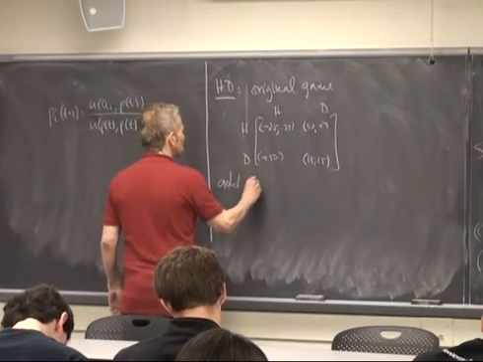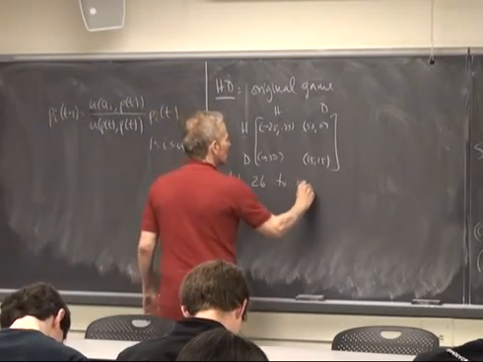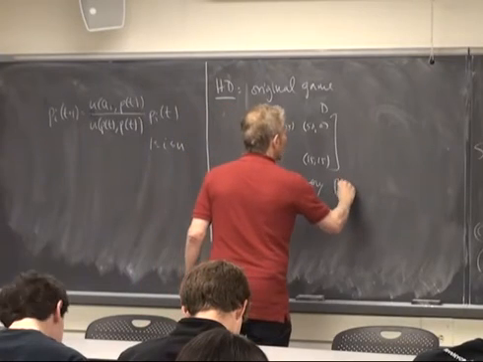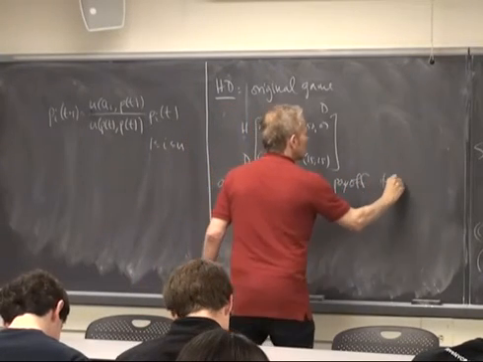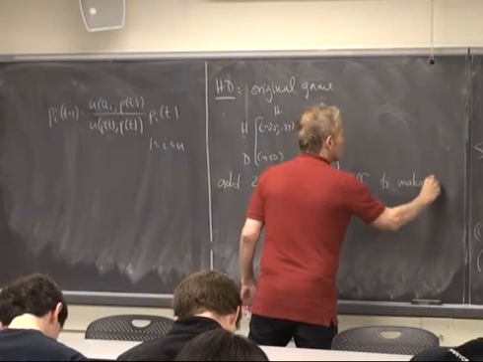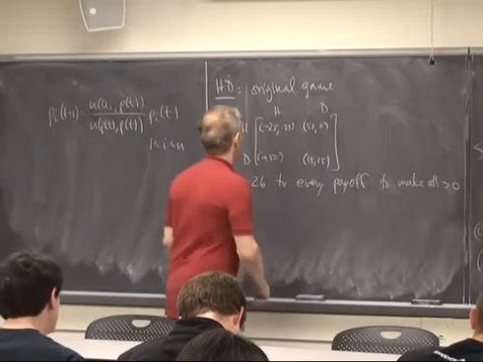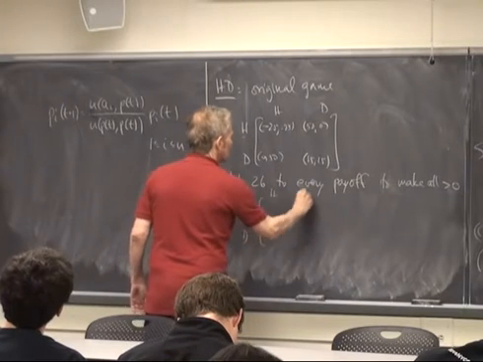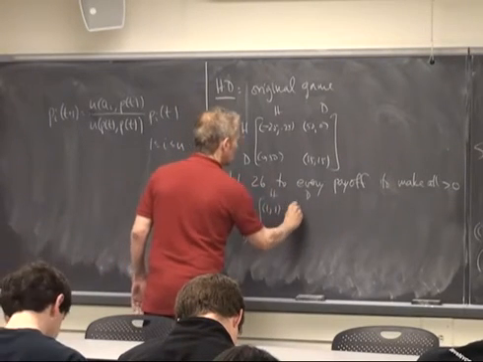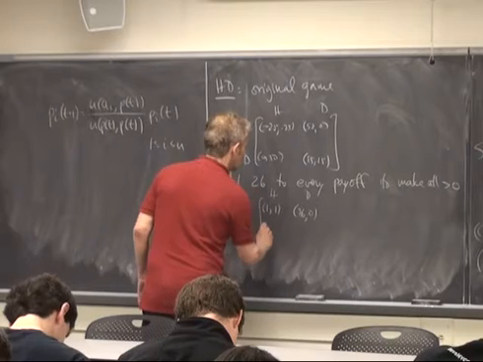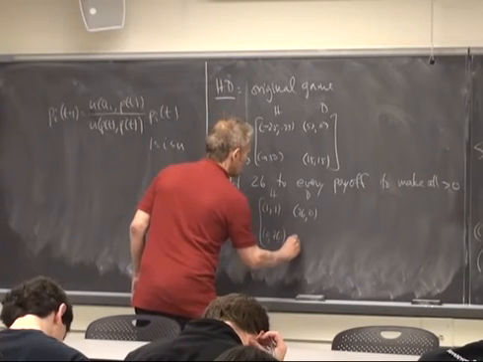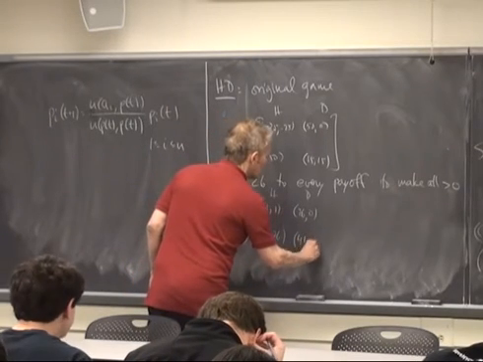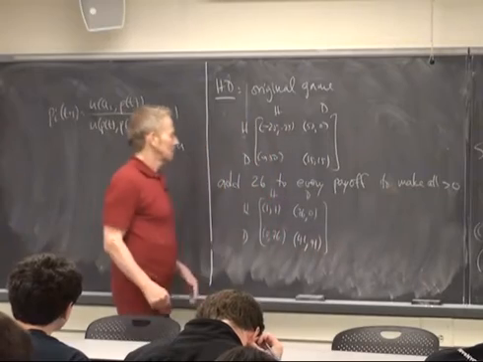So I'm just going to add 26 to every payoff to make them all positive. And I get this modified version of Hawk-Dove where you have 1, 1, 76, 0, 0, 76, and 41, 41. I like that 41 there because it's prime.